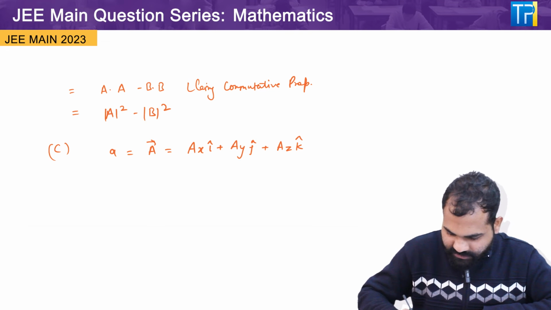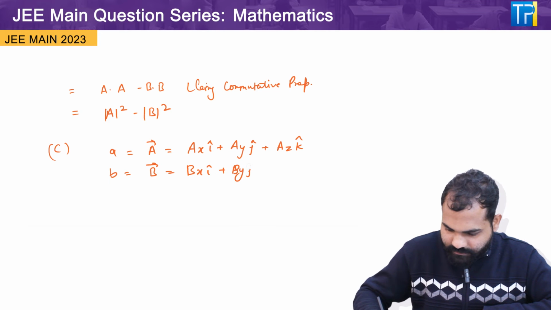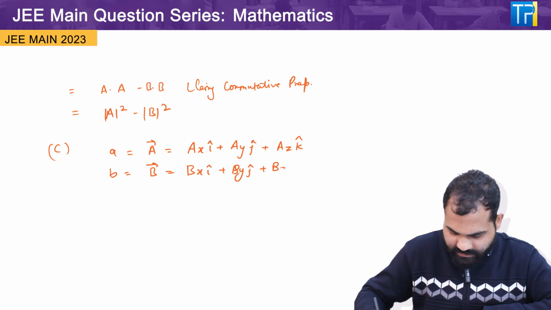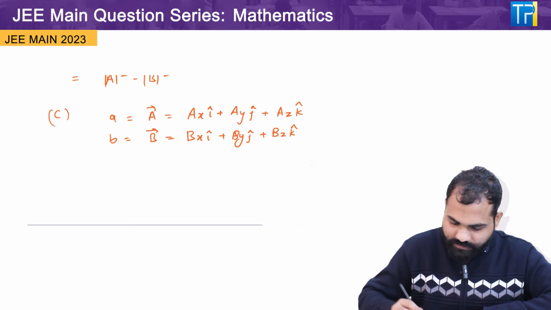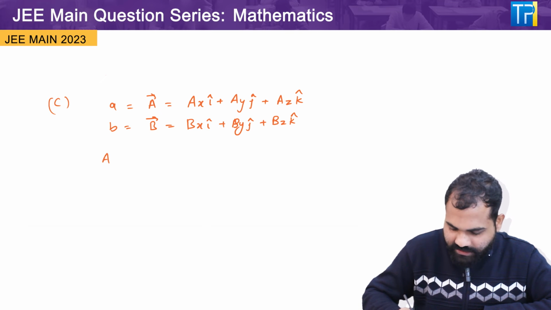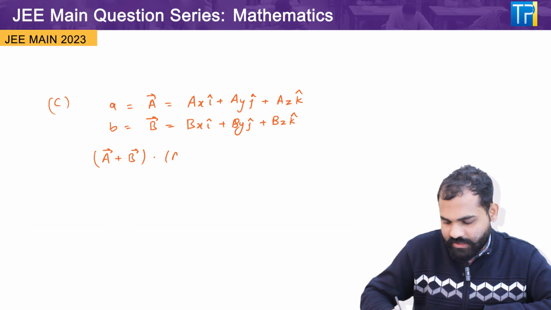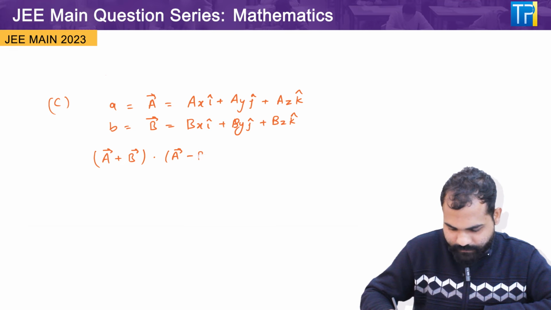Okay, then for the b we have the same. B vector is equal to bx i plus by j plus bz k. Okay, and if we solve this further, then we have the a vector plus b vector dot product of a vector minus b vector.